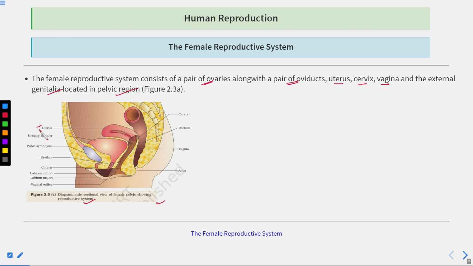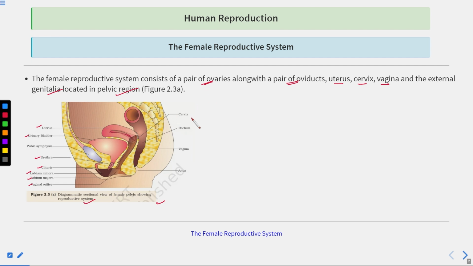Here, this is the uterus, then you have the urinary bladder, which stores the urine for some time. Then you have the urethra, the opening through which the urine is discharged. Then this is the clitoris, we'll talk about this also. Labia minora and labia majora. Then this is the vaginal orifice.